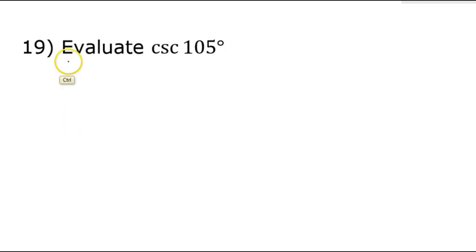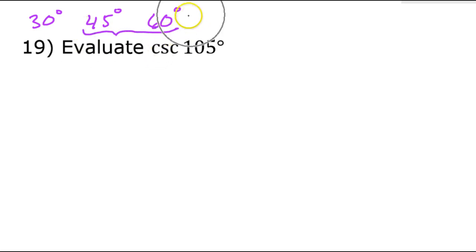For number 19, I just need to evaluate the cosecant of 105. First of all, 105 is not one of my special angles. The special angles that I know all about are 30 degrees, 45 degrees, and 60 degrees. However, I'm noticing that if I were to add 45 plus 60, that would give me 105.